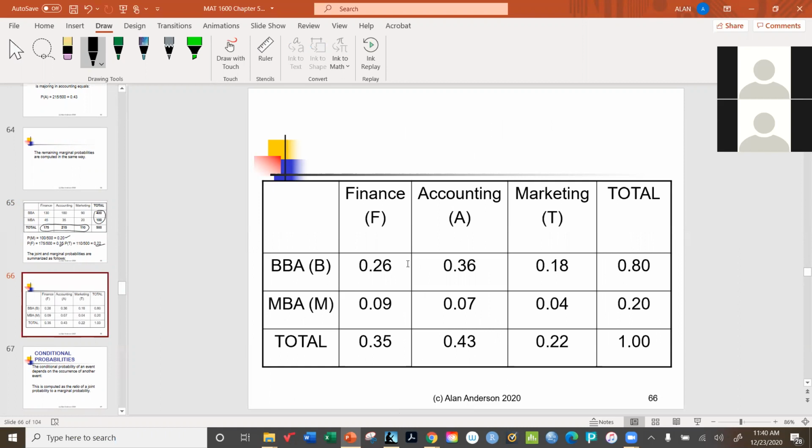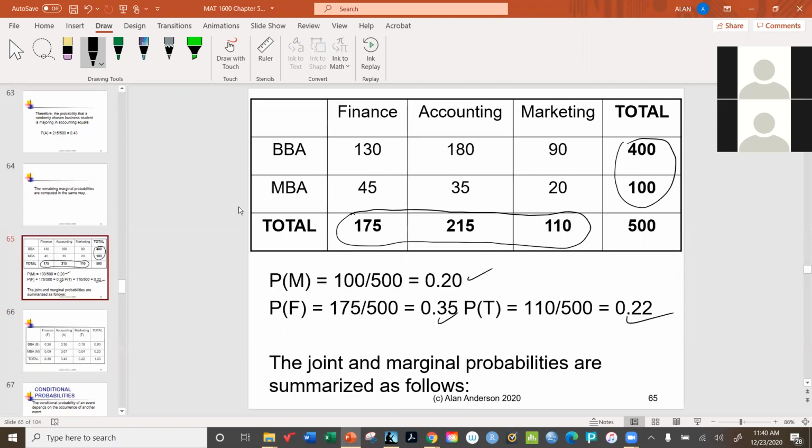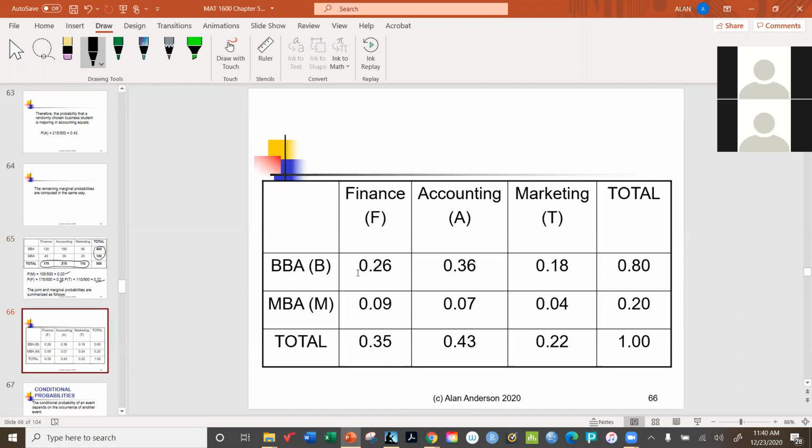Here we've taken the same table and we've divided every number by 500 because that's the total. So what's happened now is that instead of having the raw original totals, you only have probabilities. Okay, so for example, you can read it right off the chart now. The probability of B and F, getting a bachelor's degree in finance, is 26%.